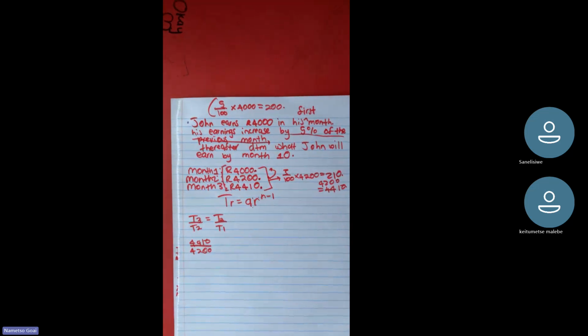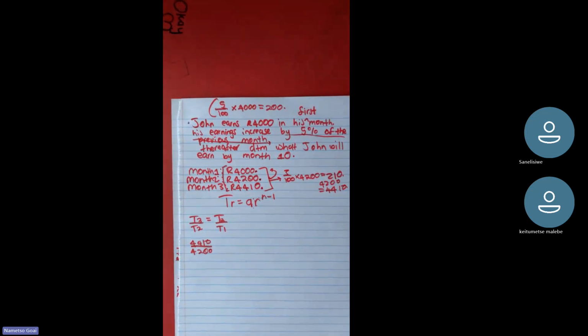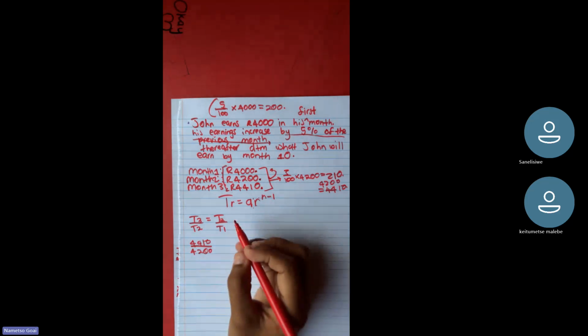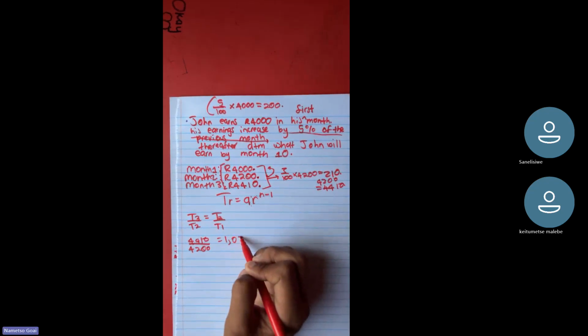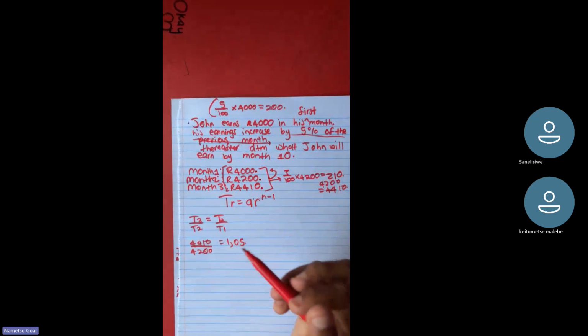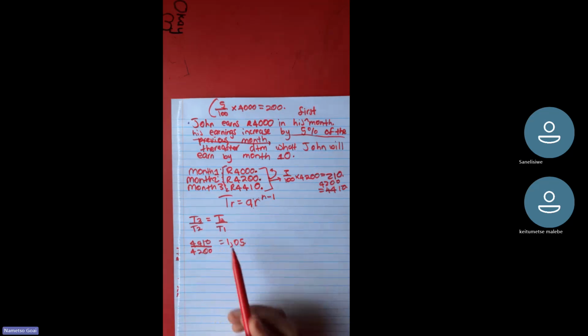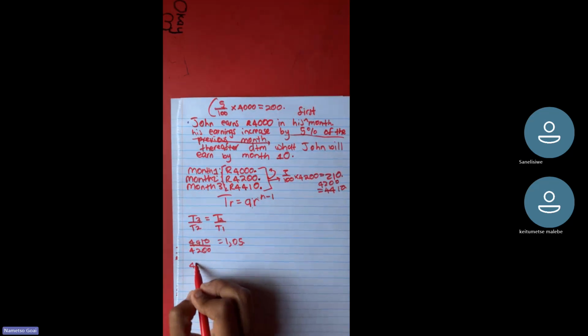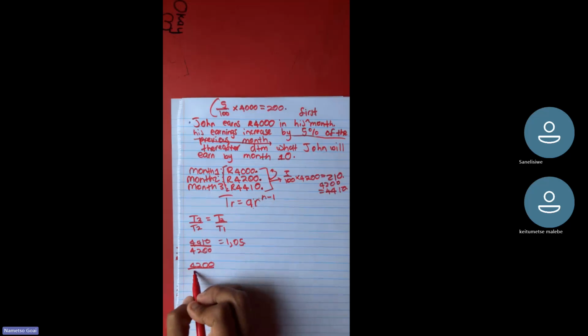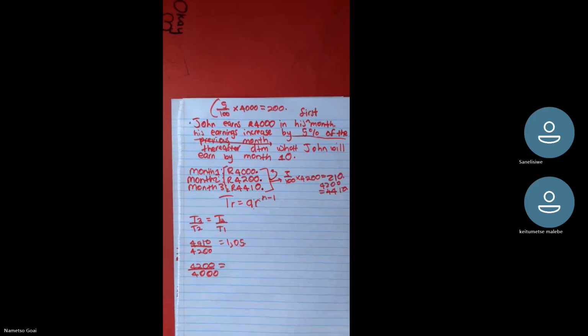Let's see what it gives us. 4,410 divided by 4,200. It's giving me 1,05. Now let's see between T2 and T1, what is it giving us? So it's 4,200 divided by 4,000. It's giving me 1,05.